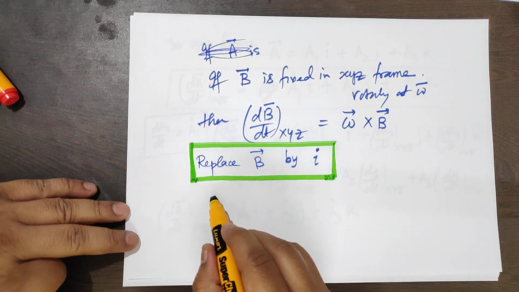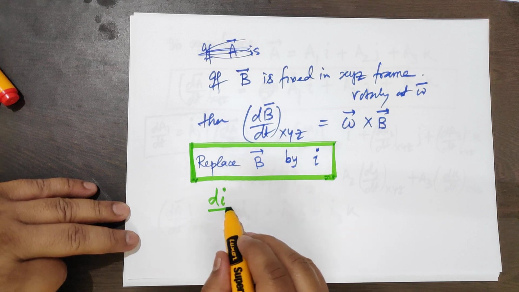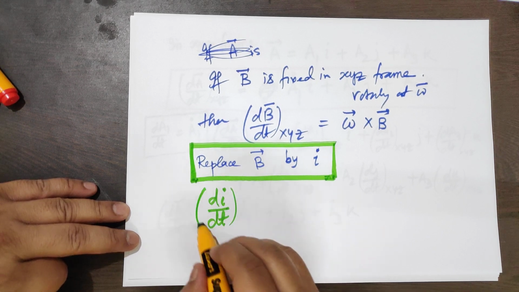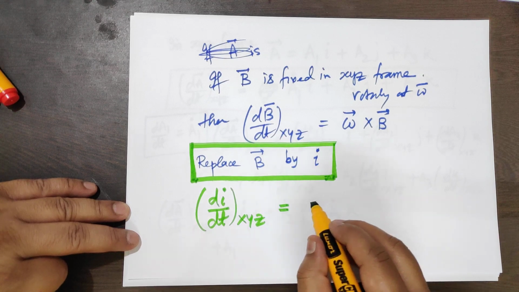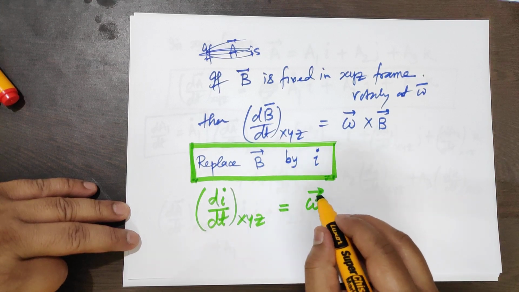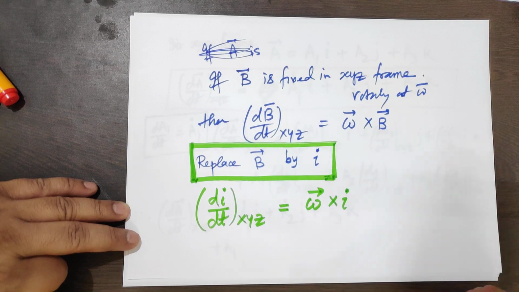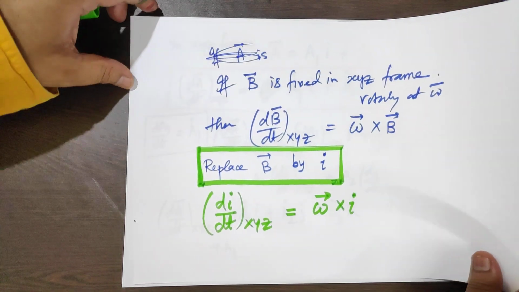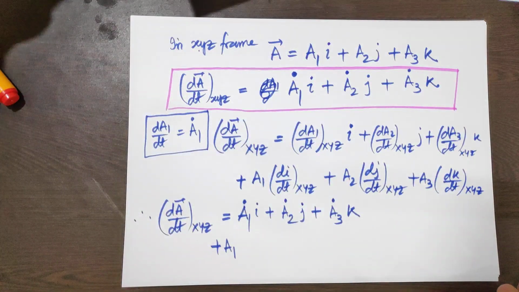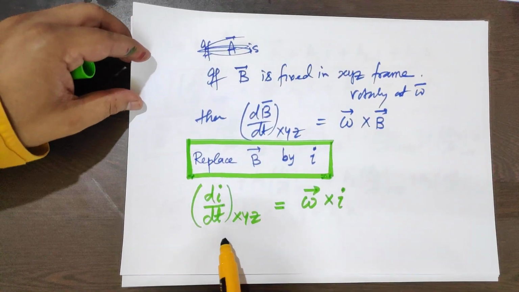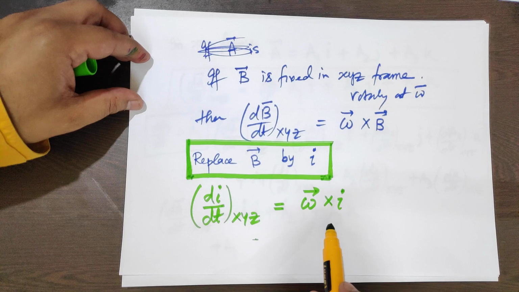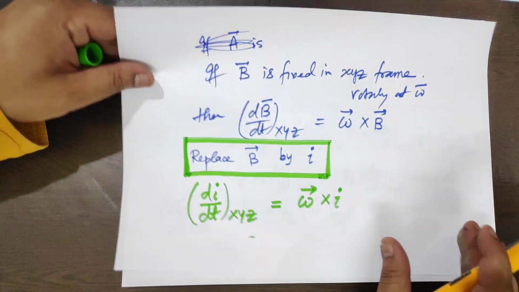So di/dt with respect to capital XYZ equals omega cross i.